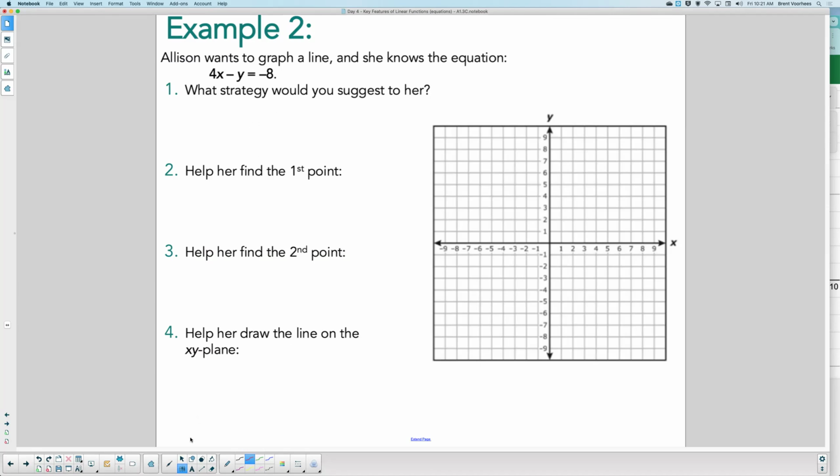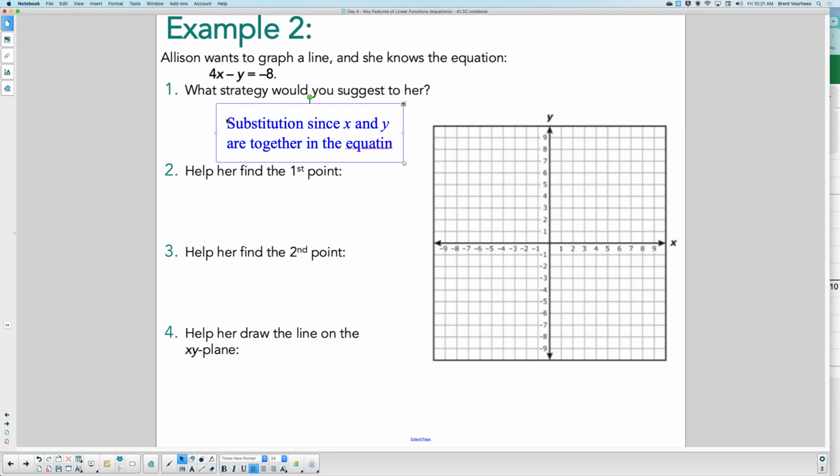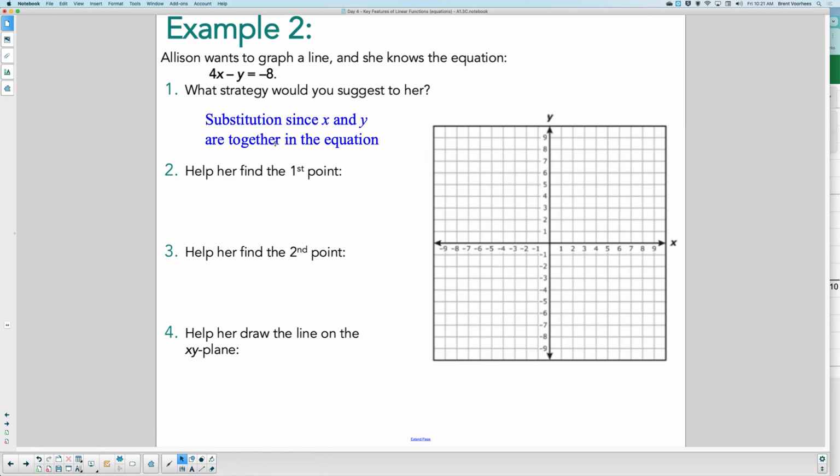So the strategy I would suggest is we do substitution.